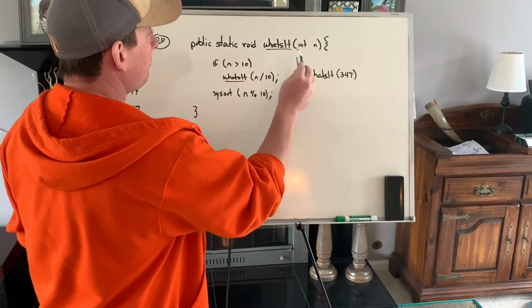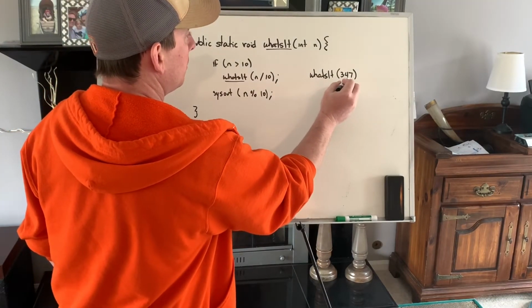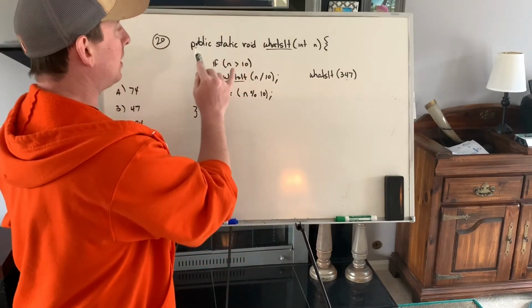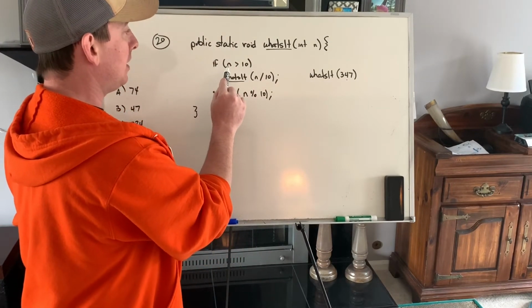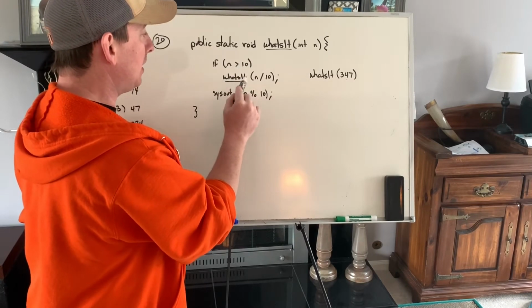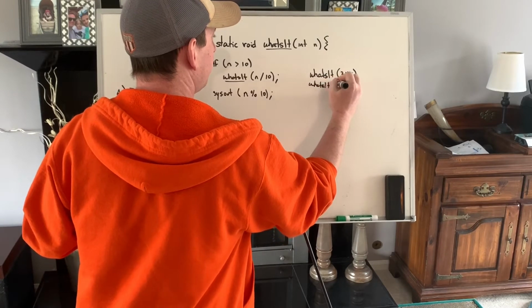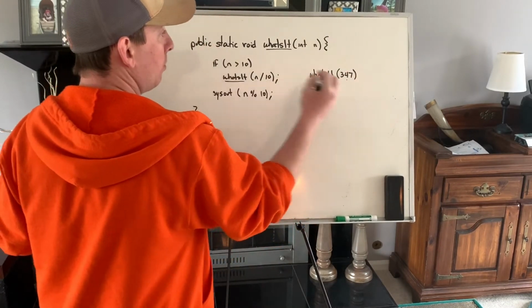So I am going to call the what's it method with the number 347. All right, so I first get into what's it. The number is definitely bigger than 10. So I immediately now call what's it with 34.